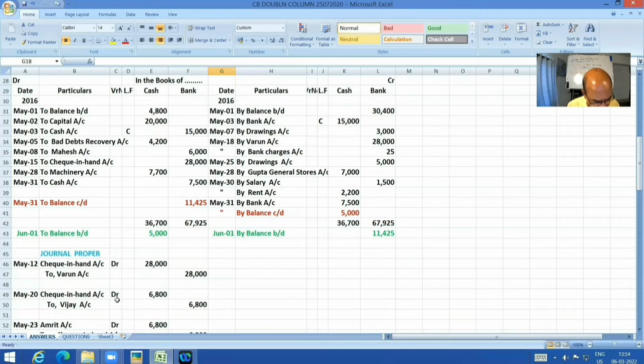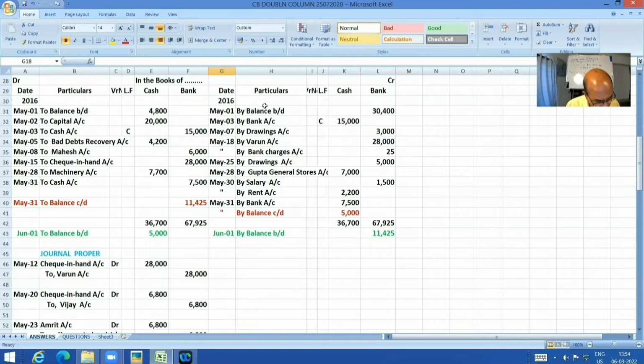So for the moment, through journal proper an entry on May 12th, check in hand 28,000 to Varun account 28,000. Okay, when I deposited on 15th, I have shown bank to check in hand 28,000. Obviously, check in hand has got nullified and the net effect will be bank to Varun 28,000. Okay.